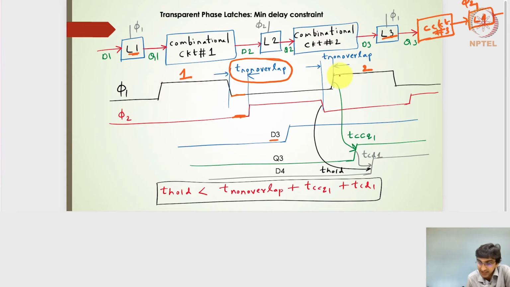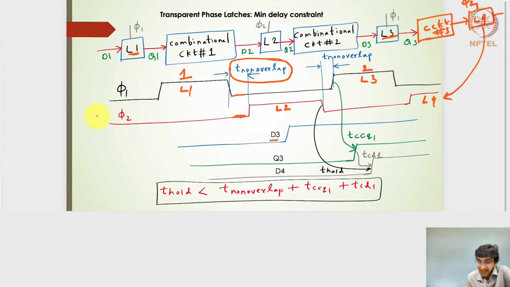So that's what I'm writing here, L3 and L1. And for phi 2, we wanted L2 to capture in the first high level of clock 2, and L4 should work in the second clock level of clock 2.